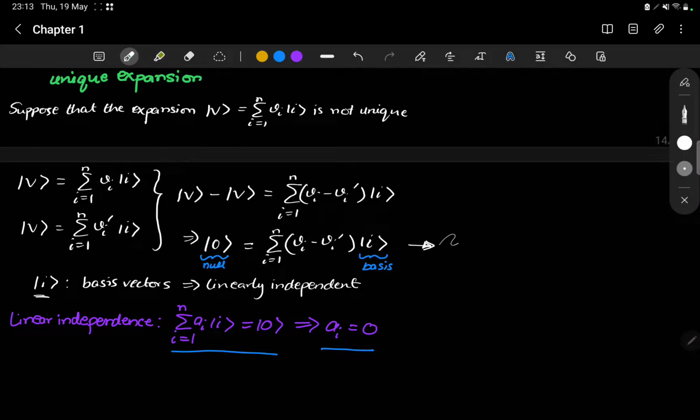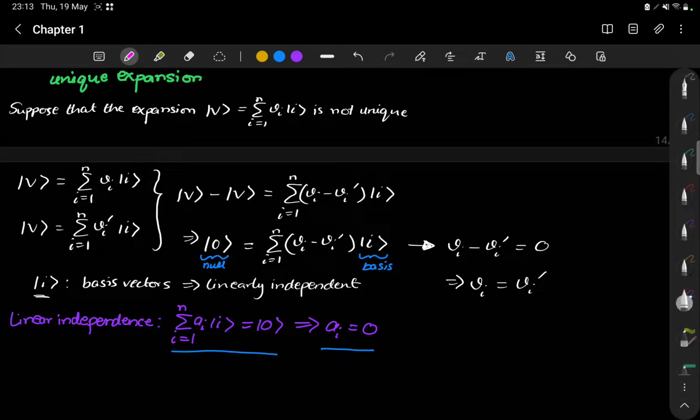That means from this equation we will get the following. Because these are the coefficients, these need to be 0 for linear independence. This would further give us that vi is equal to vi prime.